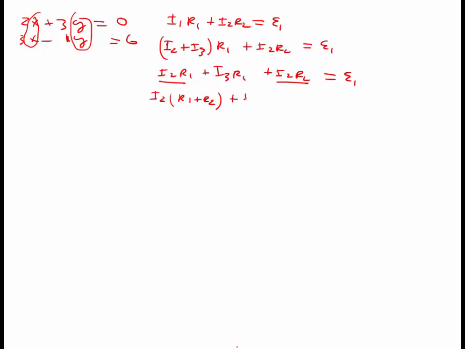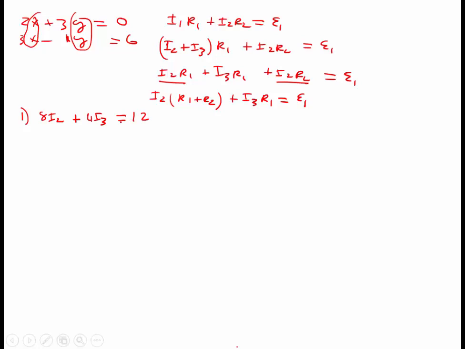And then this becomes plus I3 times R1 is equal to E1, right? Now we can substitute the values. So this will be 8 times I2, right? Plus 4 times I3 is equal to 12, right?